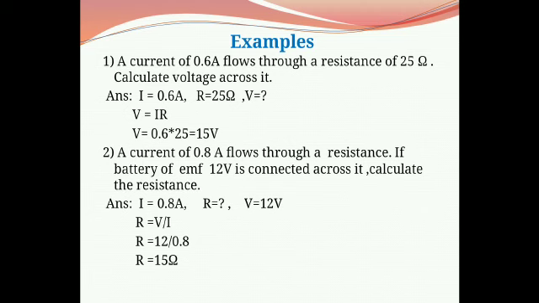Voltage of battery is 12 volt, and we have to calculate the resistance. Again use Ohm's law equation, V equals IR, and therefore R equals V upon I. When we put the values of V and I, we get R equals 12 upon 0.8, and therefore the final answer for R, that is resistance, is 15 ohms.